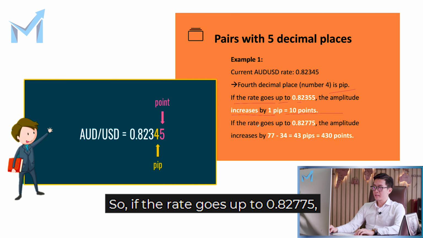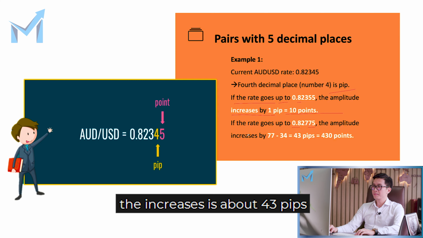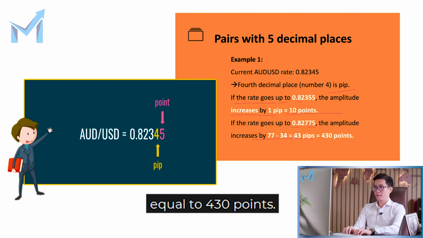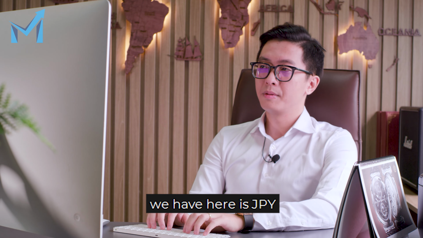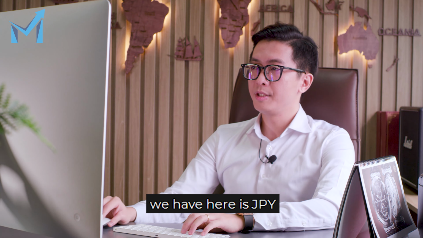So if the rate goes up to 0.82775, the increase is about 43 pips, equal to 430 points.